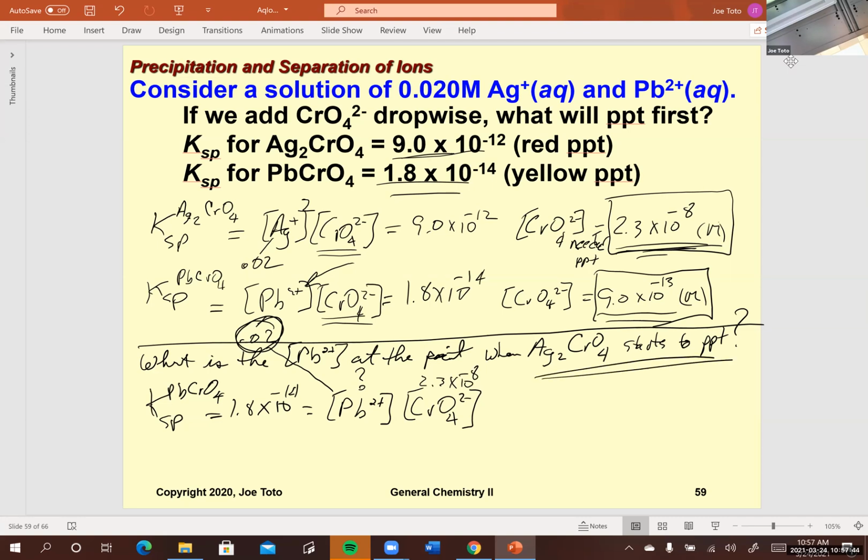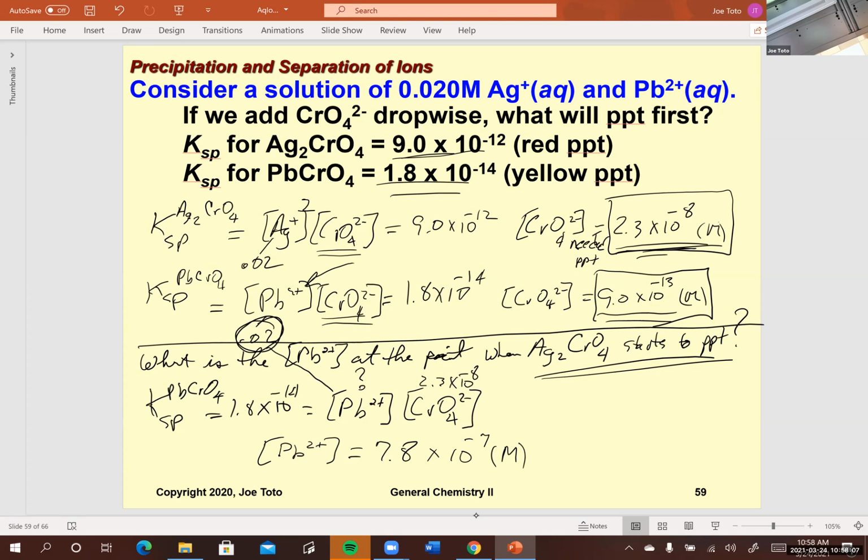So I go ahead, plug it in, and I calculate the concentration of lead that's left that started at 0.02 molar. And now I find that it has to be 7.8 times 10 to the minus 7 molar. That's just a trace amount.